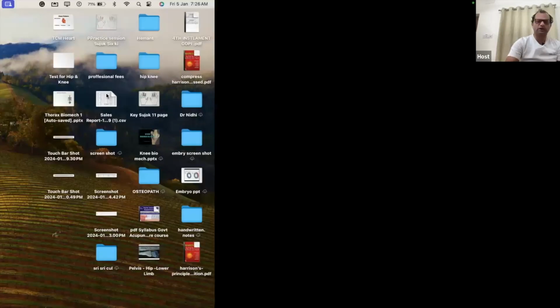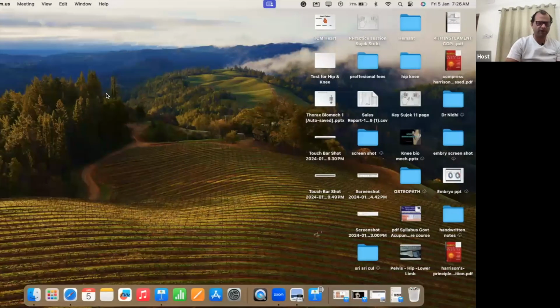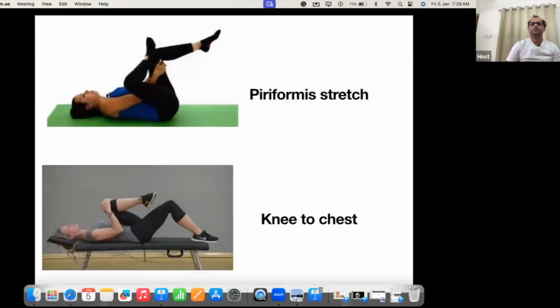Great. This is called pigeon pose or Kapotasana. We have done the other exercise for the piriformis already. This is the piriformis stretch we just did, right?